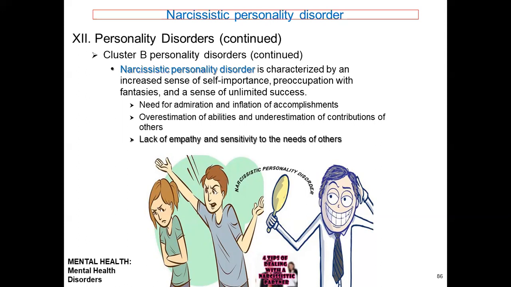I like to give the example of Hitler in Germany or Mao Zedong in China, who is the father of the nation. But what is the story behind him, right? Also exploitation of others to achieve personal goals, and often sensitivity to criticism.